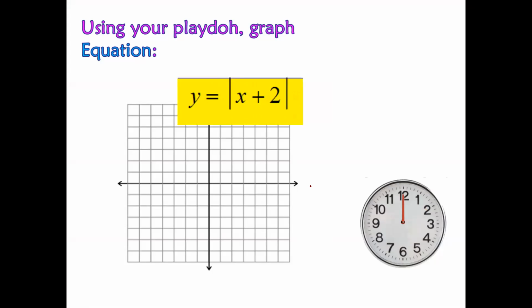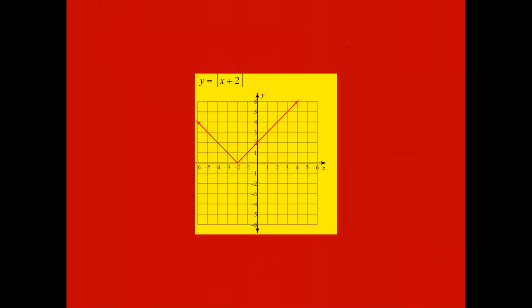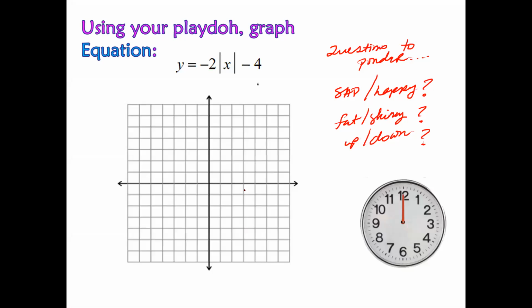Question number 5, pause the video. Looking at the fact that this 2 is on the inside, it means you're going 2 to the left. That's your vertex, -2, 0. Okay, go ahead and go on to the next one.